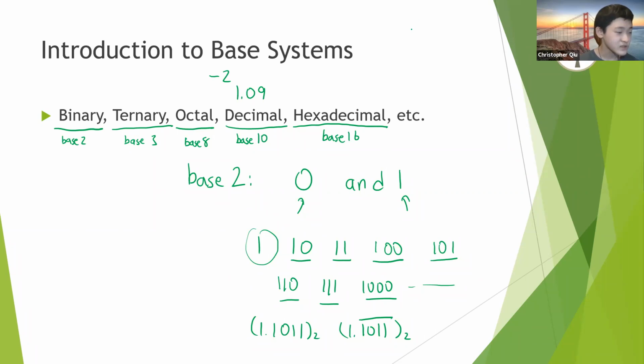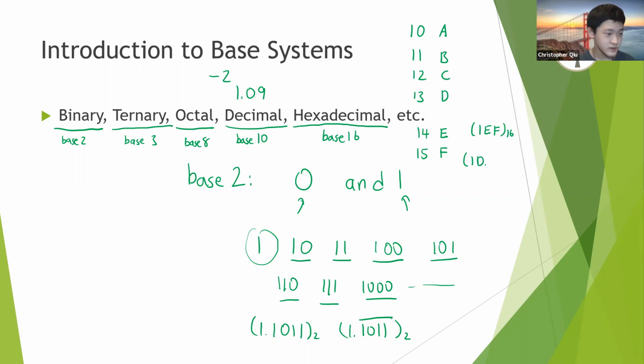So in hexadecimal, the digit for 10 will be A, the digit for 11 is B, the digit for 12 is C, the digit for 13 is D, the digit for 14 is E, and the digit for 15 is F. And so, for example, we could have a number like 1EF in base 16, or we could also have a number like 1D point DC1 repeating.